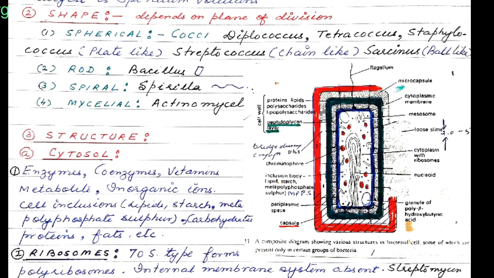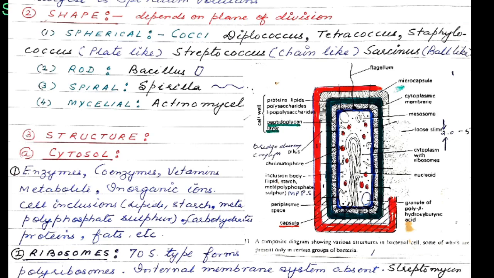The only organelle present in the bacterial cytoplasm is the ribosome, and that ribosome has 70 S Svedberg units. Otherwise, you won't come across any membrane-bound organelles, starting from the nuclear membrane, endoplasmic reticulum, Golgi body, or lysosome. Nothing will be seen in the bacterial cytoplasm.